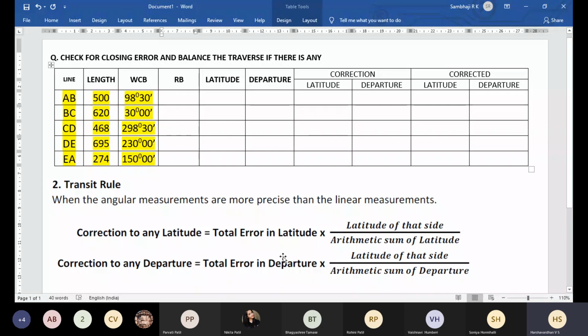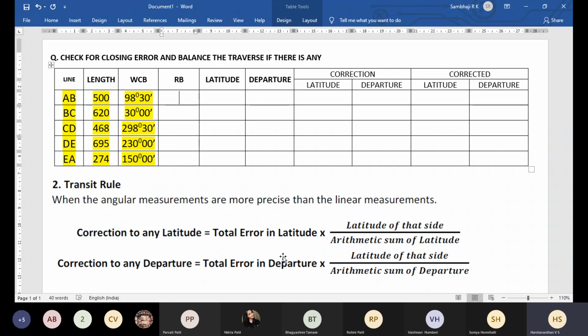Okay, I'll start the solution part. I told you there are two rules to balance the traverse. The first rule was Bowditch rule, which is used when linear measurements are more precise than angular measurements, that is, when angular measurements are very rough readings, not so accurate.